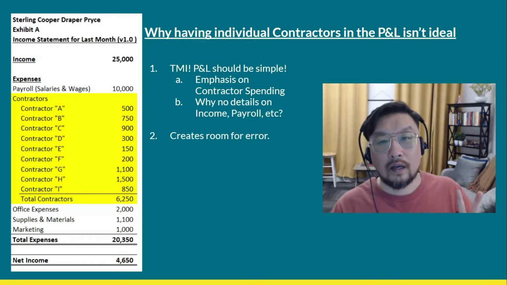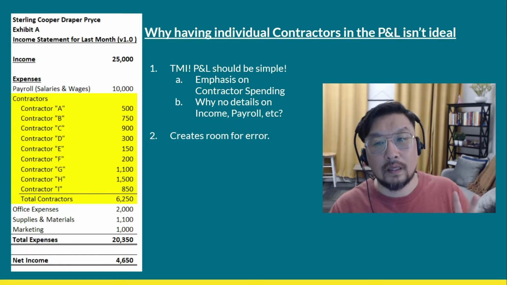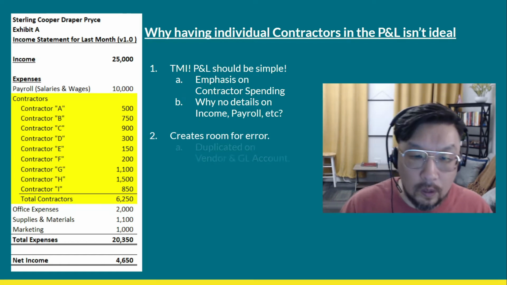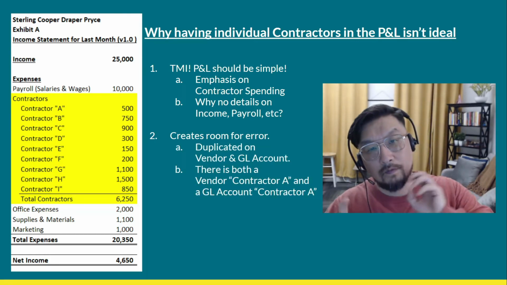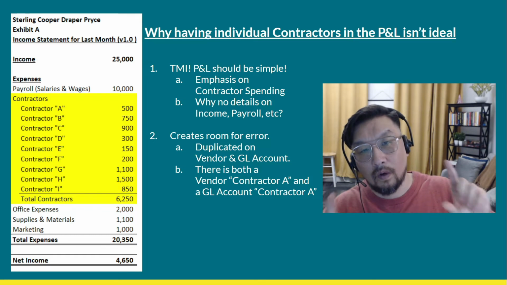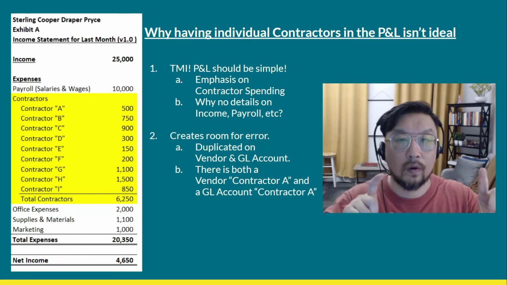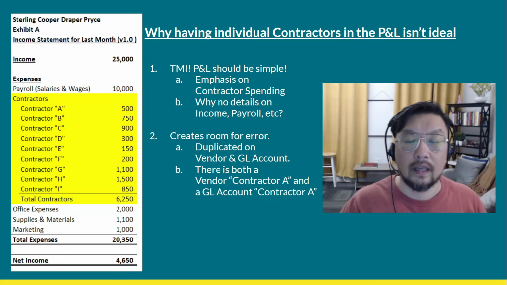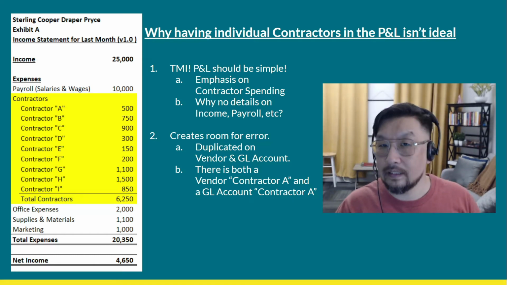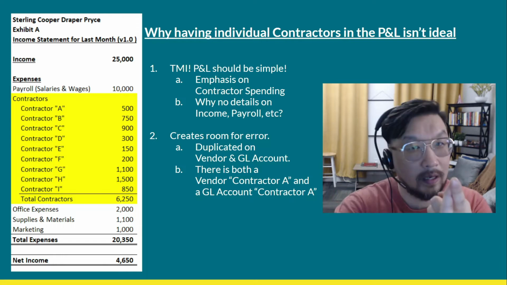Number two, why contractor payment details shouldn't be in the P&L. It creates room for error. Now, if you think about what ingredients, quote unquote, are necessary for an expense transaction in QuickBooks Online. Ideally, you need the dollar amount, of course.